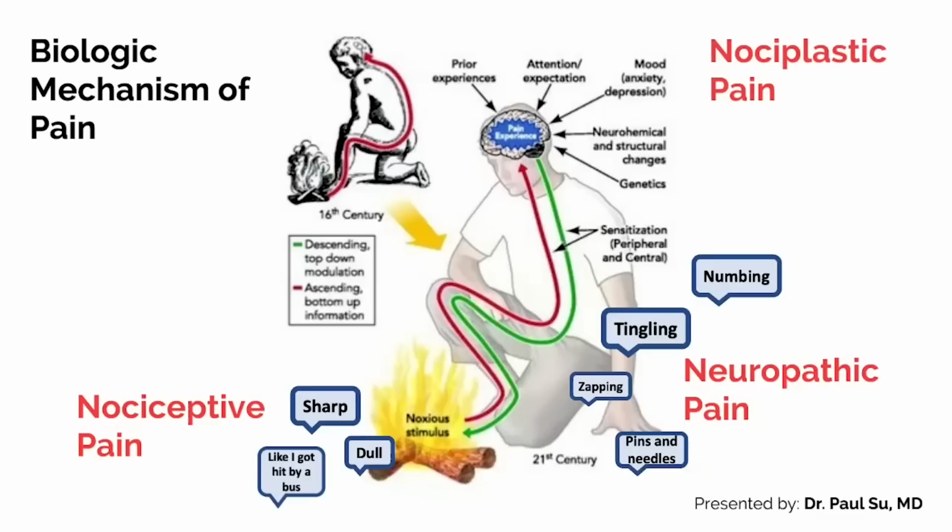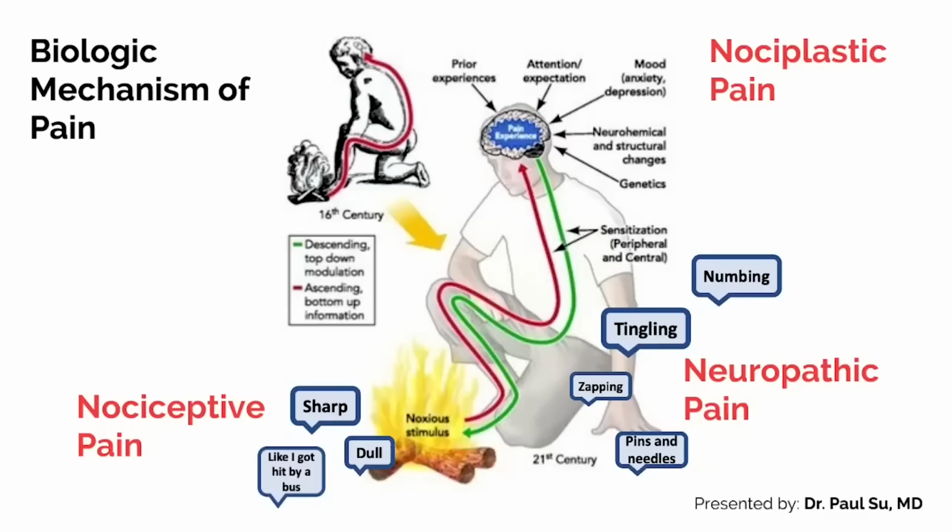And even more recently, I think in 2020, the International Association for the Study of Pain recognized this new pain that has existed all along. It's called nociplastic pain. That is pain that is experienced even without any tissue injury or injury to that nervous system.